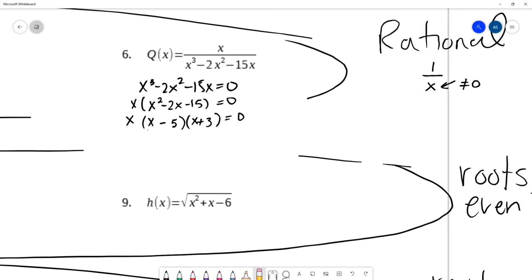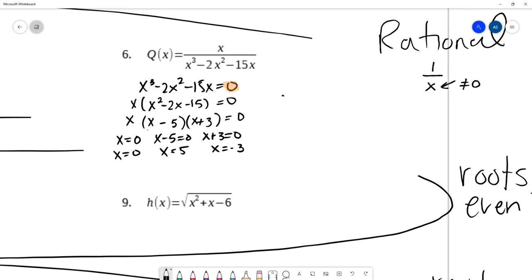And then we're going to set each one of those factors equal to 0. And we get x equals 0, x equals 5, x equals negative 3. These values of x will cause the denominator to equal 0. So these are our restricted values, and we need to exclude them from the domain.